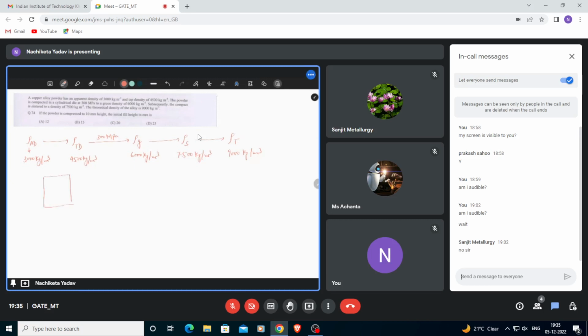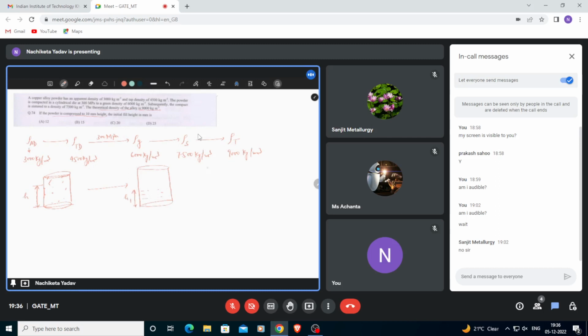Suppose this is a cylindrical die and the powder is filled till height H. After green density, when the powder is compressed to 10 mm, suppose this side is H1, and this is the apparent density.